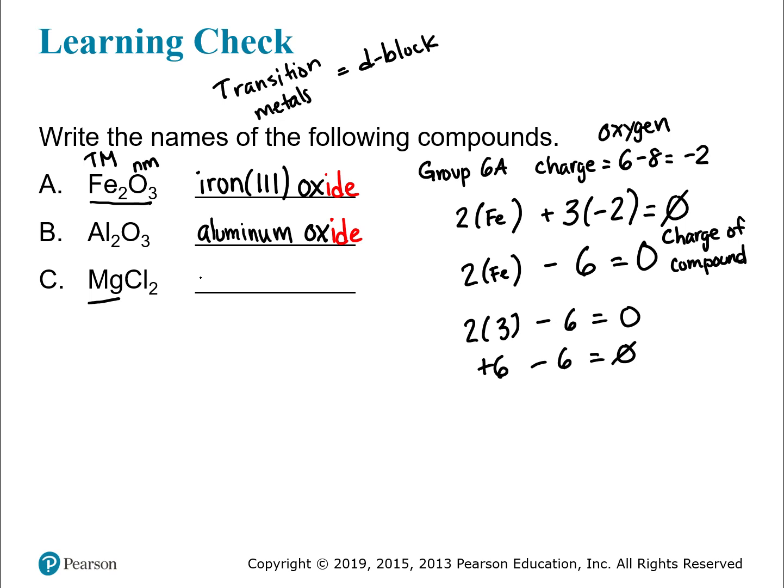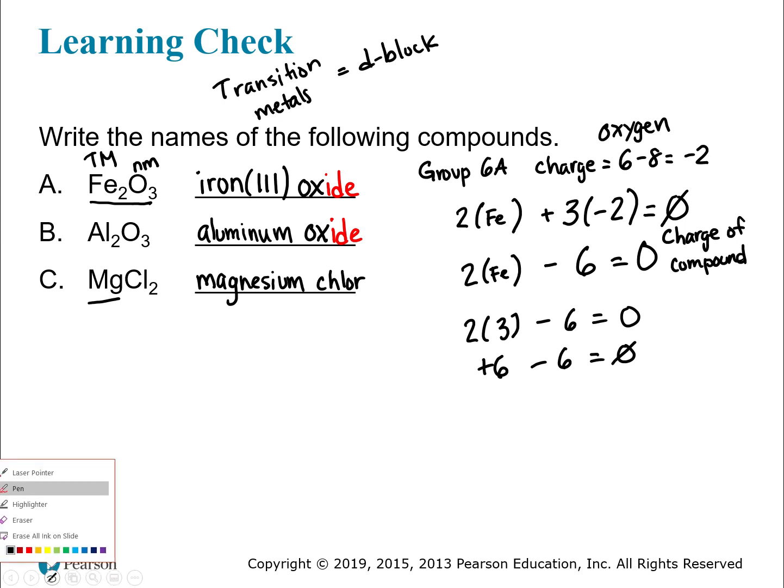So we name this one by simply stating the element name, magnesium. Then we take the first syllable of the nonmetal. This is chlorine, so we take chlor and add IDE. So this one was naming ionic compounds.